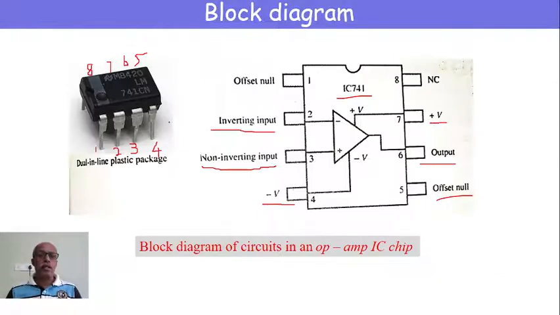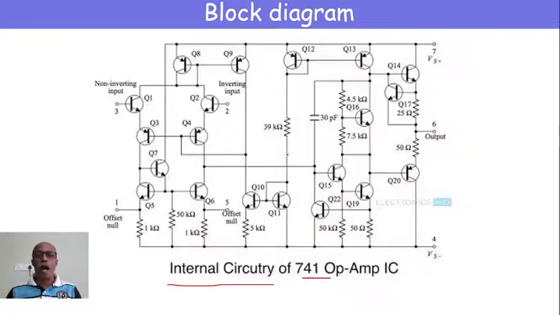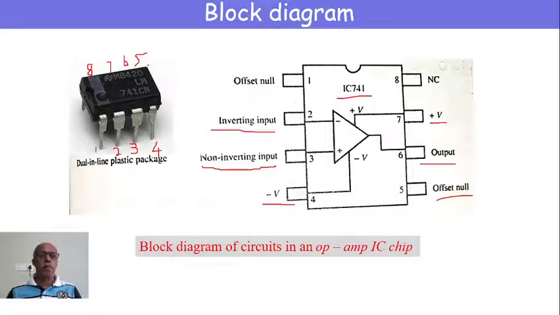We have seen the op-amp IC, which looks very small, consisting of 8 pins, and within it there are many transistors, resistors, capacitors, etc. Having both PNP as well as NPN transistors, they are assembled in such a small-sized package. So it is called the integrated circuit.